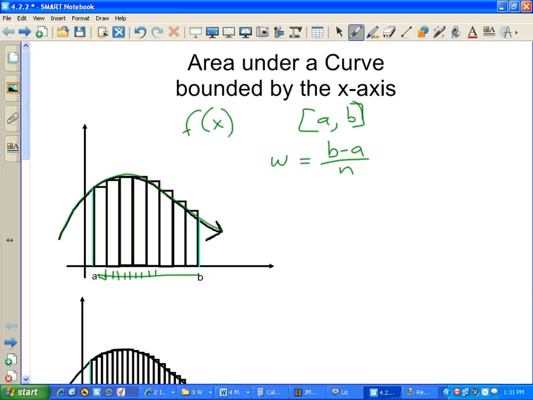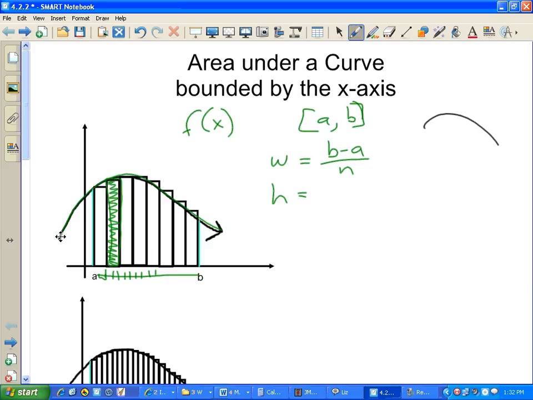The height of each rectangle. So let's look at this rectangle right here. The height of this one is determined by where I make the endpoint. Because when you're making rectangles under a curve, you have two choices.